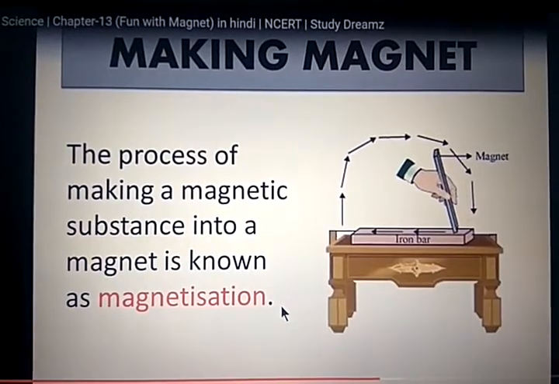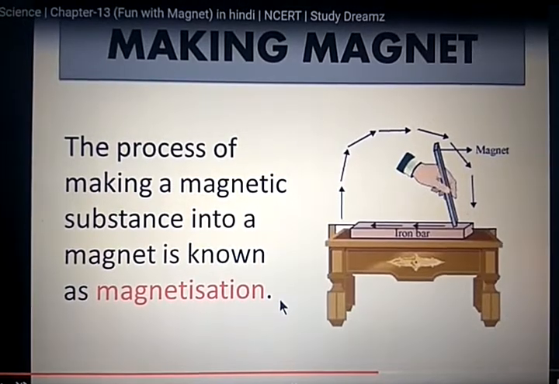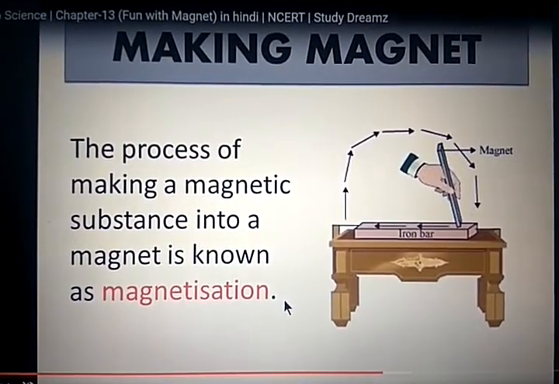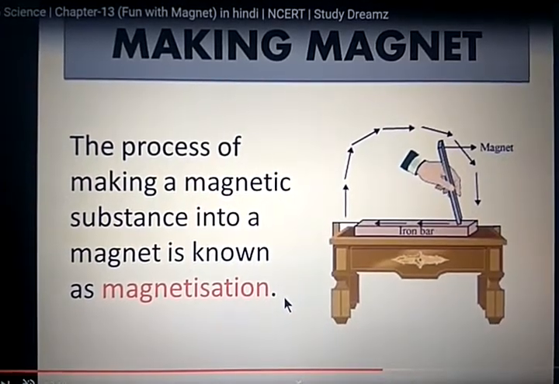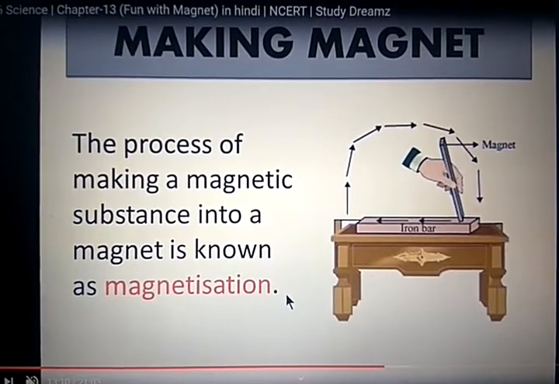Here you can see the person who has an iron bar, and that iron bar has a light pink color, and the magnet is in the person's hand.